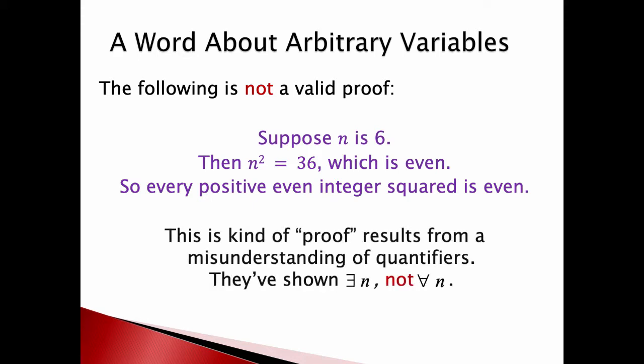That's all I've done. This is not a real proof of the theorem we're trying to prove. It's a proof that 6 squared is even. Okay, fine. But it's not a proof that every even number squared is even. Because what we've really done here is misunderstood quantifiers. We've shown that there exists an n so that when you square it you get something even. Not that for every even integer n, when you square it you get something even. That's one reason why we spent so long talking about quantifiers.